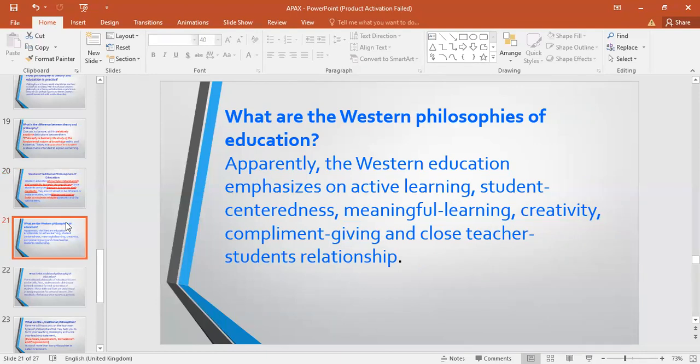But in the Western philosophies, we have to use practical methods with them. Group work: they don't like to do group work because they don't like to talk with anybody.